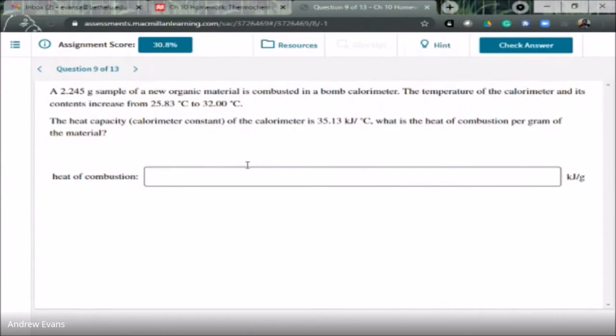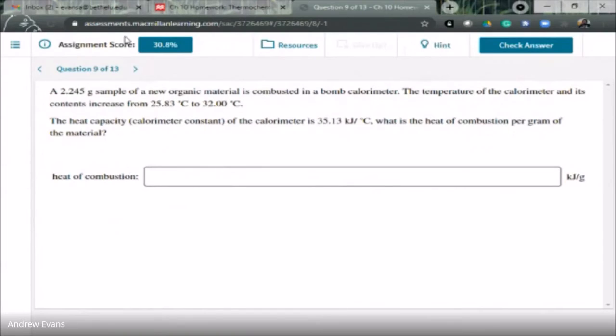And the heat capacity of the calorimeter is 35.13 kilojoules per degree C. What is the heat of combustion per gram? So we're looking at delta H of combustion as kilojoules per gram.